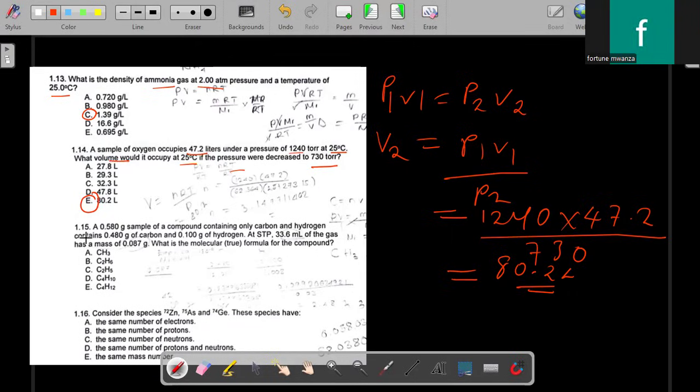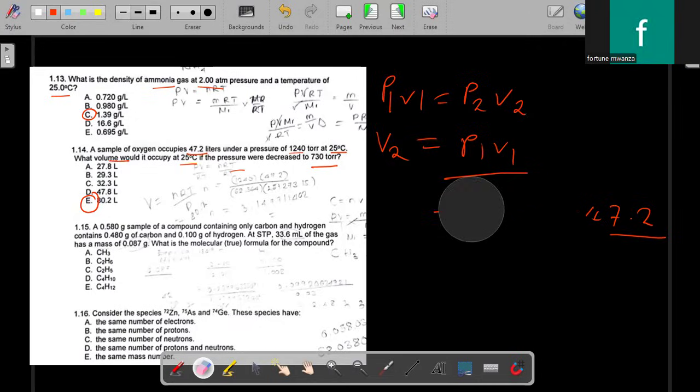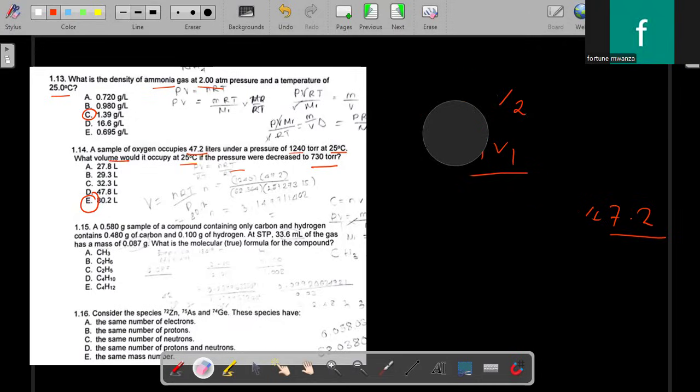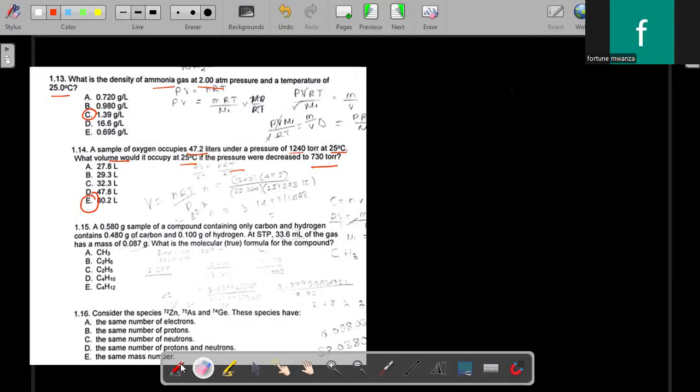So I can proceed to the next question, which is question number 15. Question number 15 is saying a 0.58 gram sample of a compound containing only carbon and hydrogen.